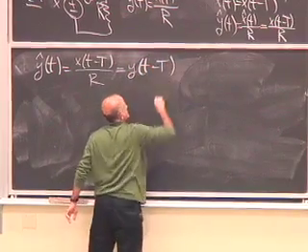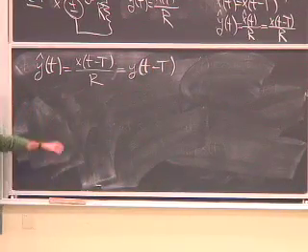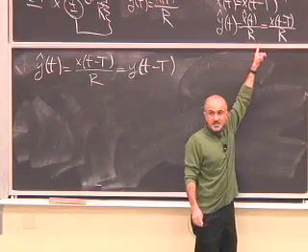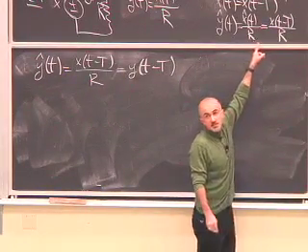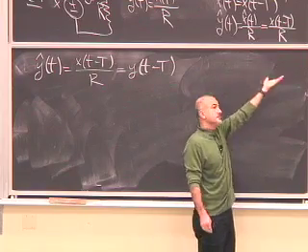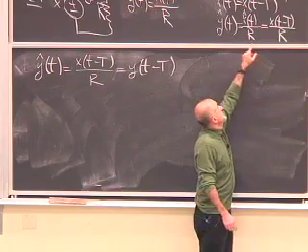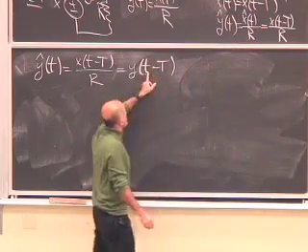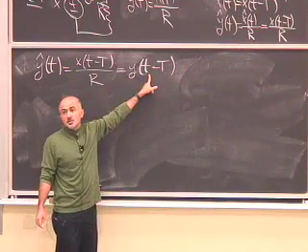In other words, shifting the input signal, this is not necessarily a delay. It can be an advance depending on the sign of capital T. If capital T is negative, that means we're advancing the input signal. But a shift in the input signal created a corresponding and identical shift in the output signal.